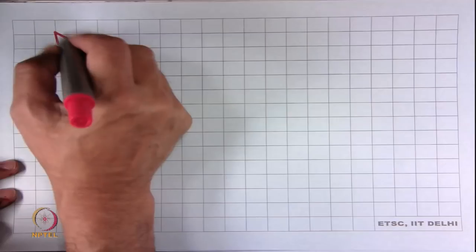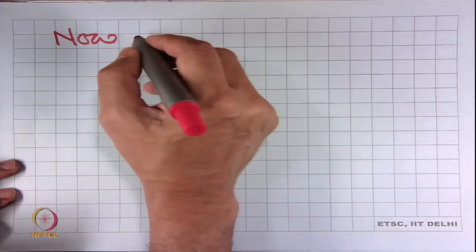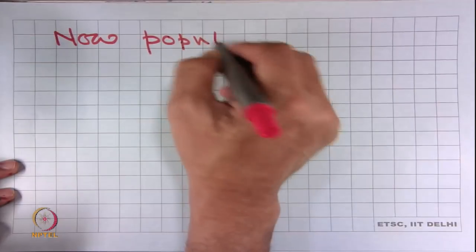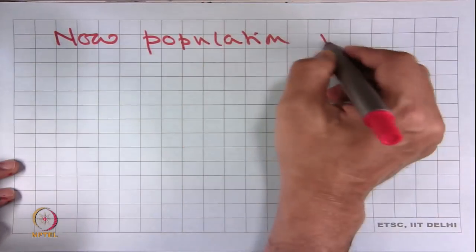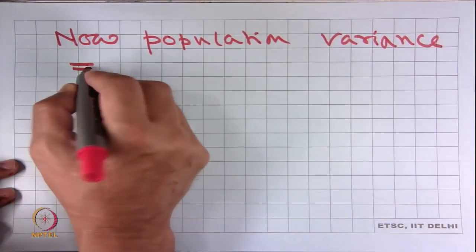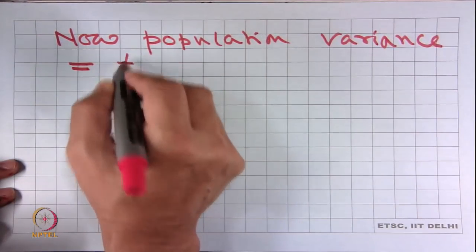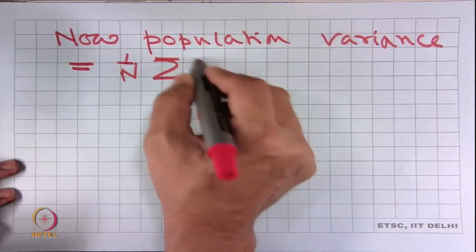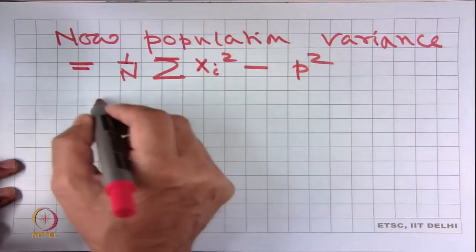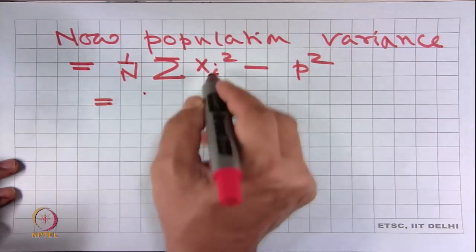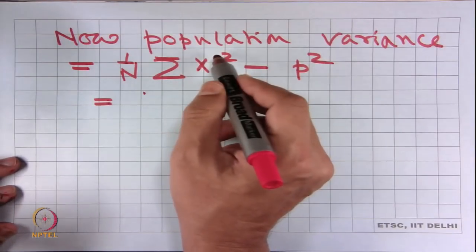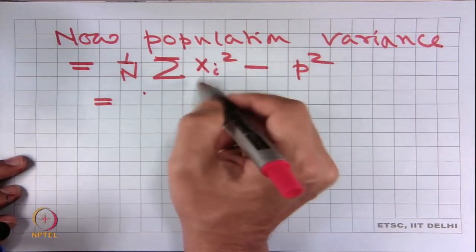Now, population variance is equal to 1 by N sigma x i square minus p square. If x i is equal to 1, x i square is still 1, and if x i is 0, it is 0.